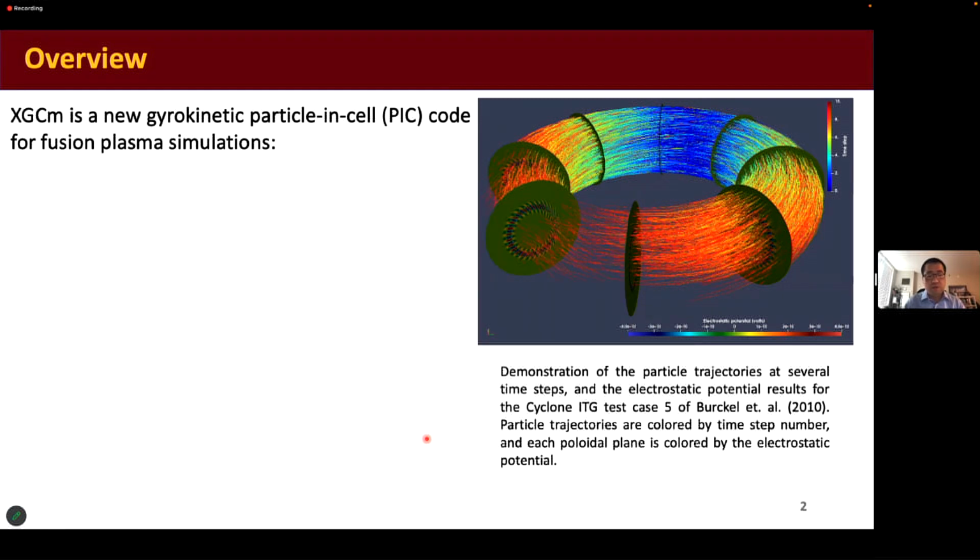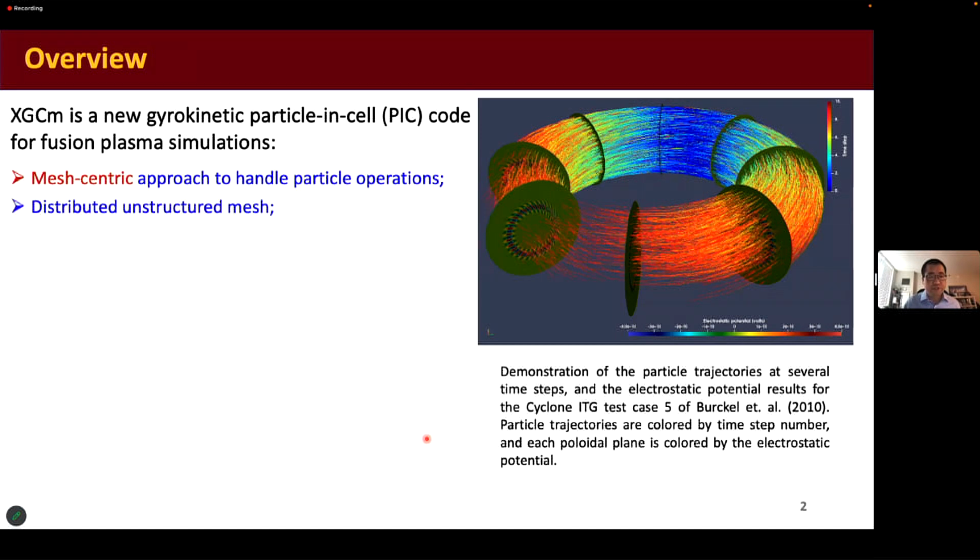It is a mesh-centric approach to handle all the particle operations and uses a distributed unstructured mesh, building on our technical expertise in these areas. The physical algorithm is adapted from the well-established XGC code, which is widely used in the fusion plasma simulation community.